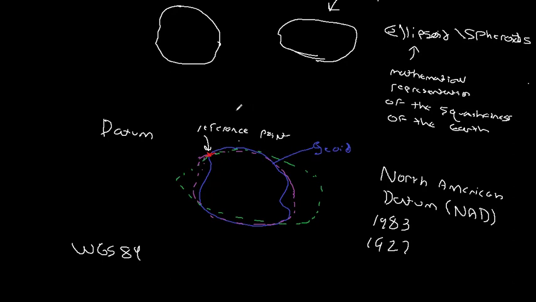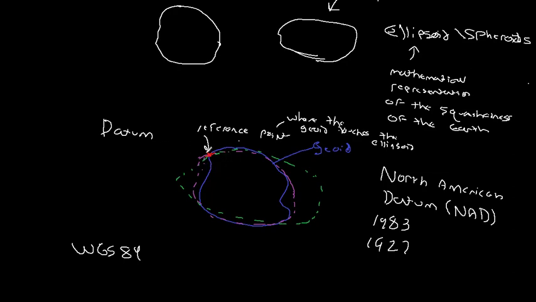Right, where the geoid touches the ellipsoid, right, that's a reference point. And the reference point is going to be different for each datum. And every other location, let me make this clear here, every other location is based on this reference point.